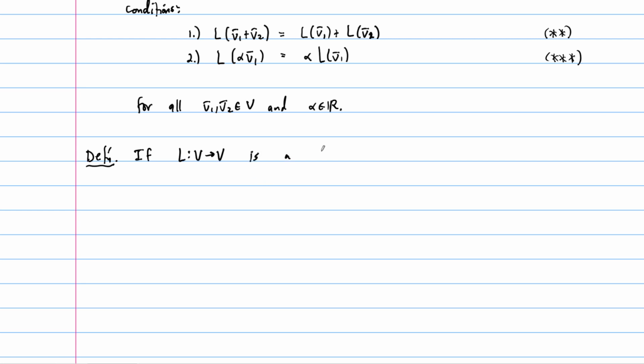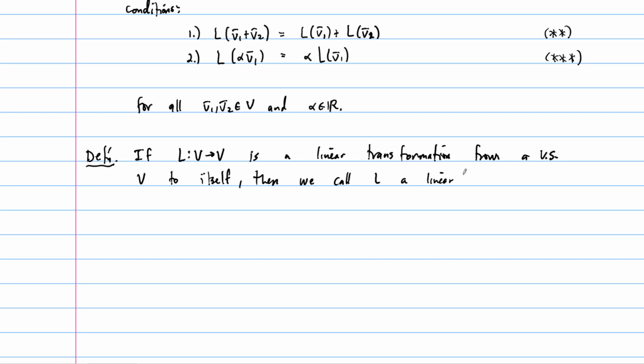So if this is a linear transformation from a vector space V to itself, so this is the key, then in this case we refer to L as a linear operator on V. So we call this L a linear operator as opposed to a transformation on V. But the key is that you still have to include the word linear.